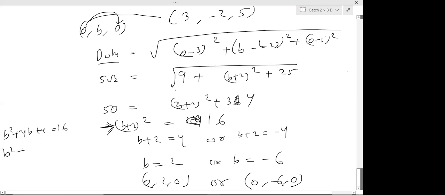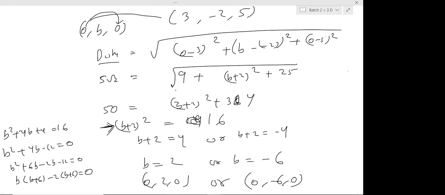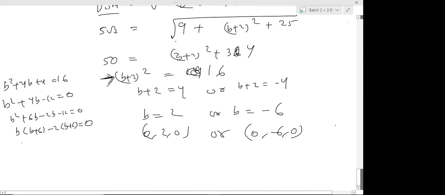So b square plus 4b minus 12 is equal to 0. So b square plus 6b minus 2b minus 12 is equal to 0. So b common, (b plus 6) minus 2 common, (b plus 6) equal to 0. So (b plus 6) into (b minus 2), right?